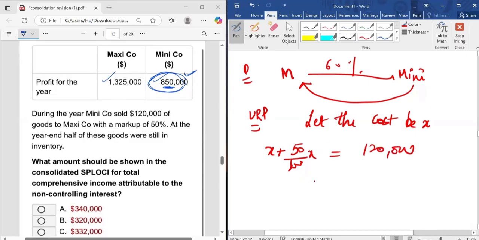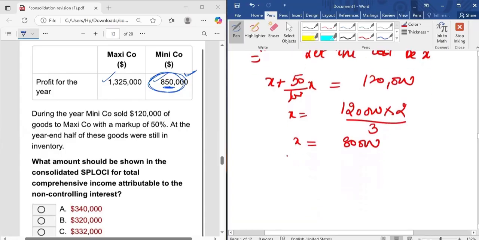Just quickly calculate it. Here we will get X multiplied by 3/2 equals 1,20,000, so X is 1,20,000 multiplied by 2 divided by 3. This is just simple maths. This will be 80,000.